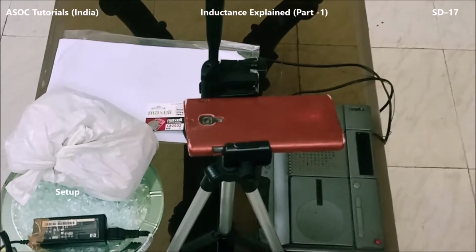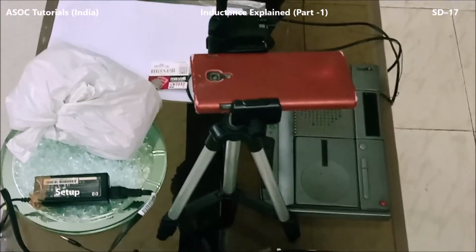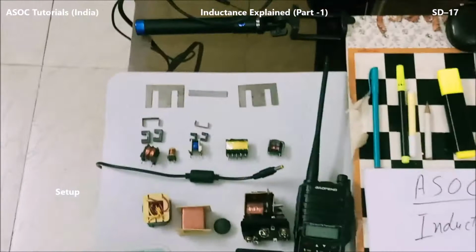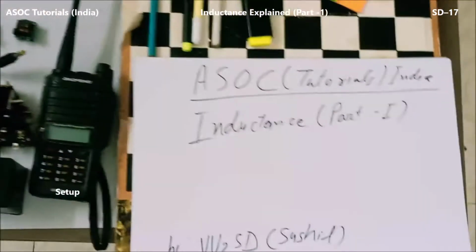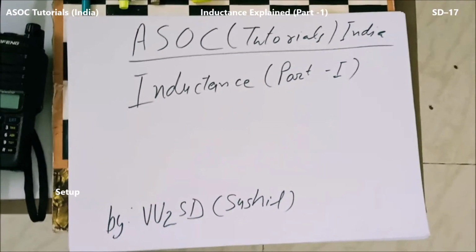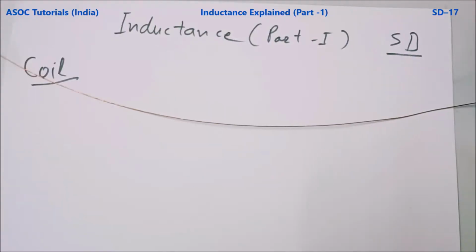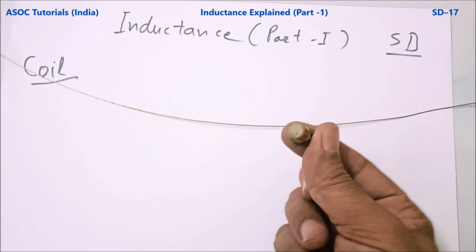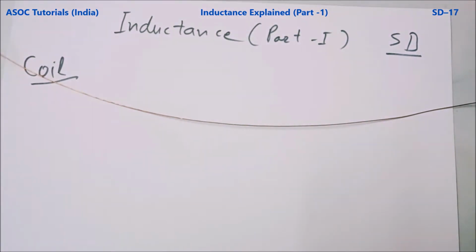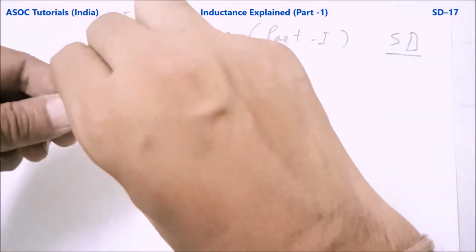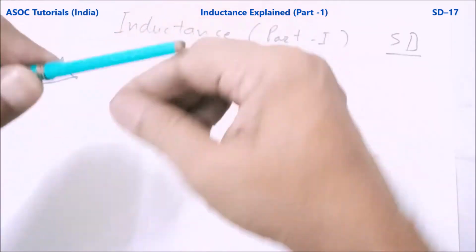This is my small setup to make a video recording, with accessories for today's session on inductance part 1, with a lot of papers, pens and other miscellaneous accessories. The first question is, what is a coil? Any wire loop is called a coil. We can even make coils with specifications.